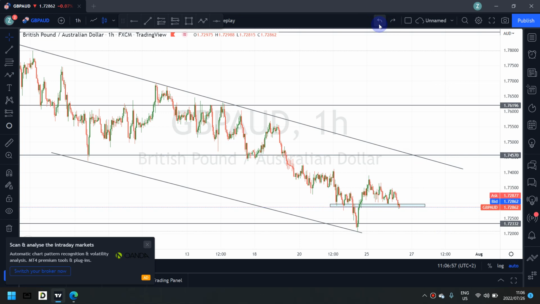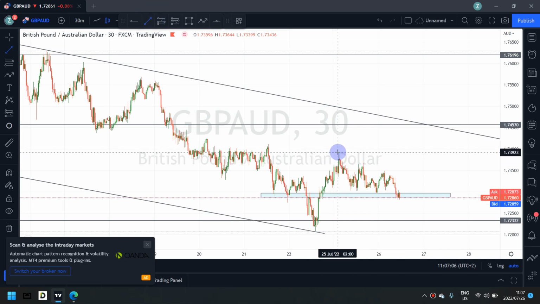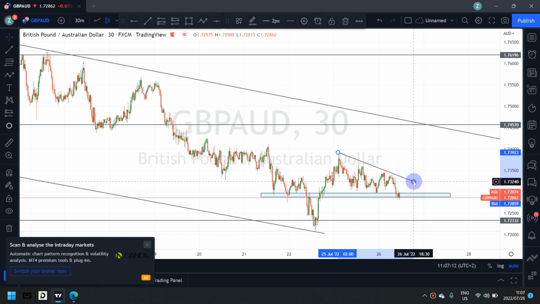So moving on to now the 30-minute time frame, I'm seeing a small trend here. I'm gonna show you real quick. So the trend that I'm seeing is a descending type trend, right? Which is probably a wedge.